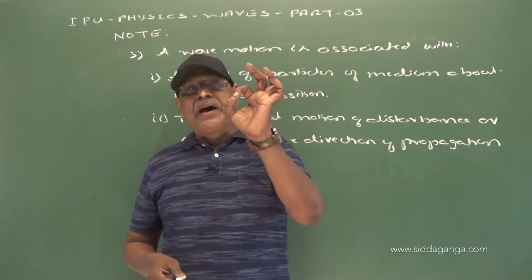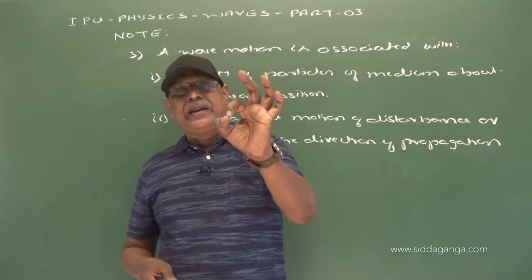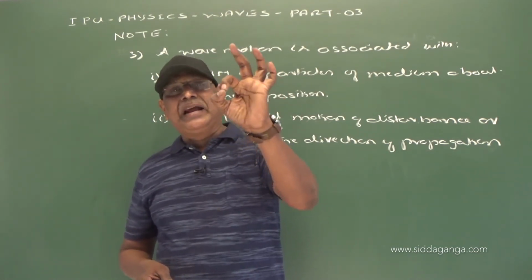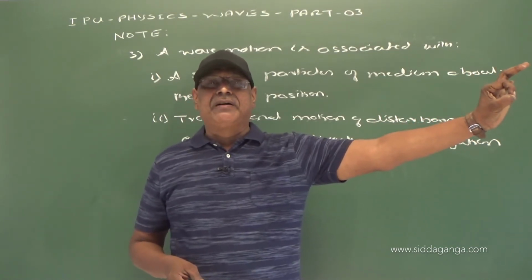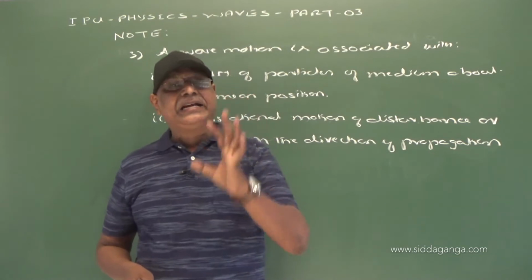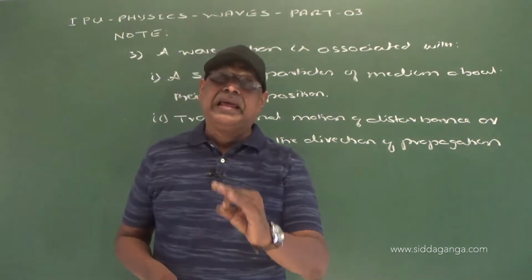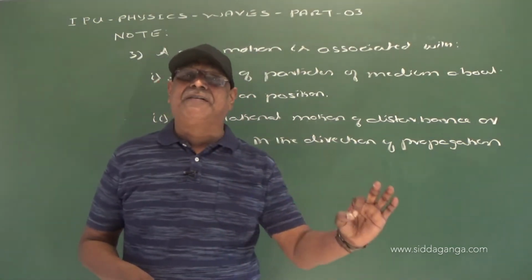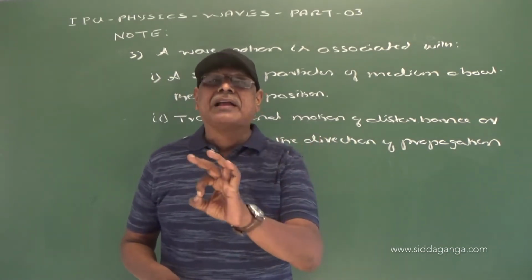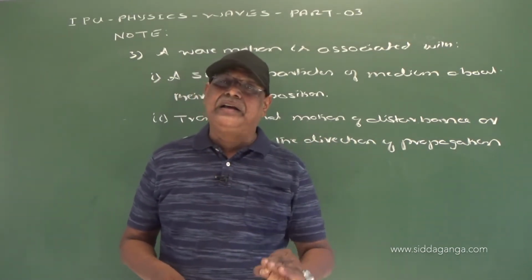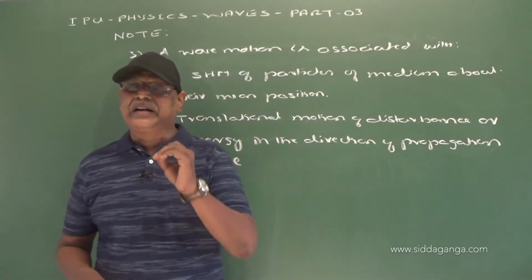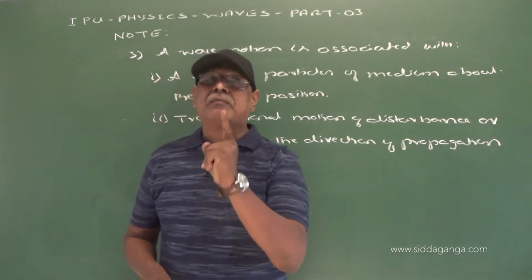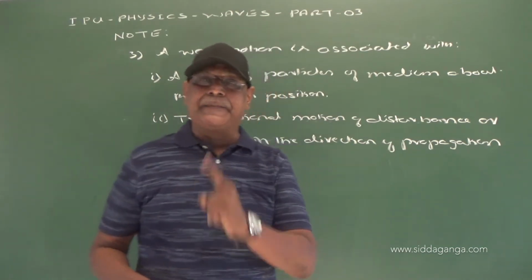One, right, particle motion, where both matter and energy are transferred. For example, a bullet fired from a gun. Second type is wave motion, where energy is transferred but matter is not transferred, right? So wave motion is very important because it transfers only energy but not matter, right?